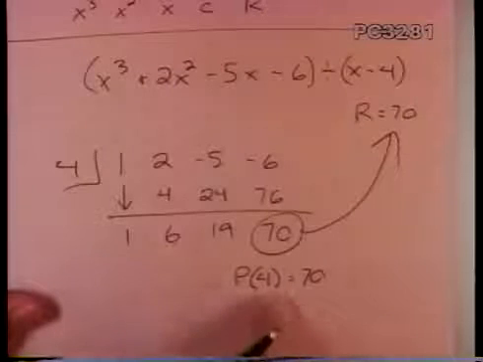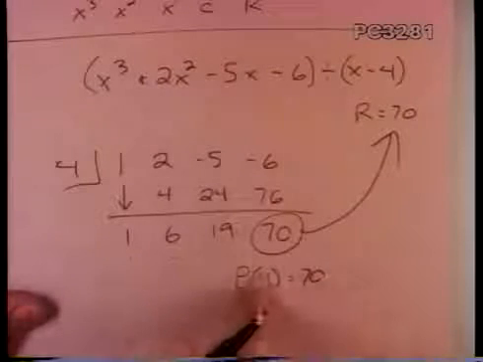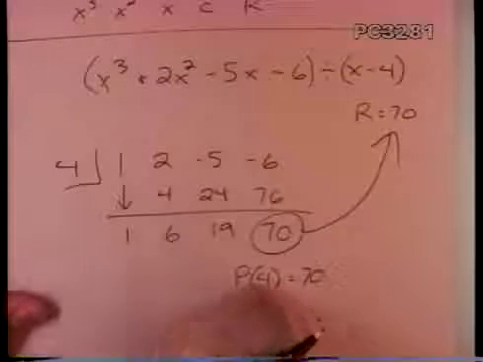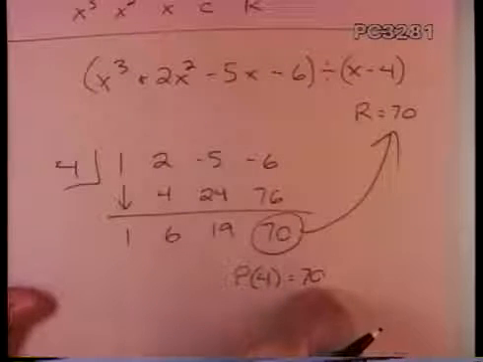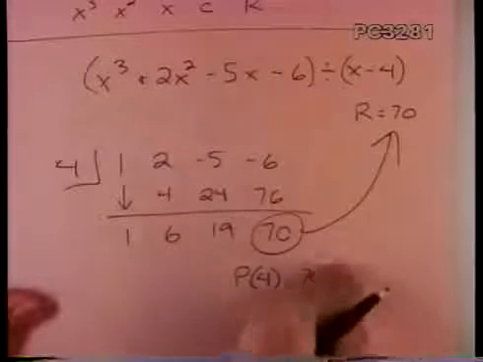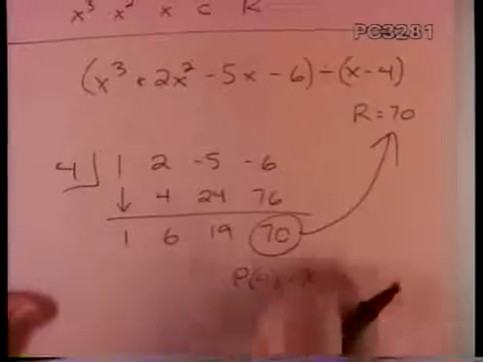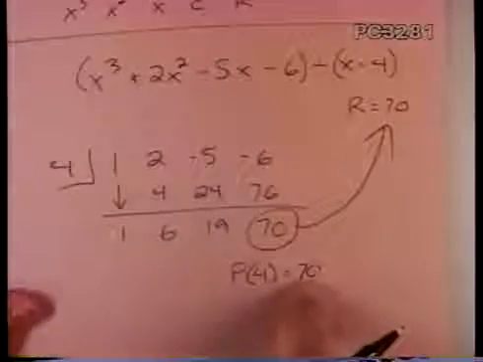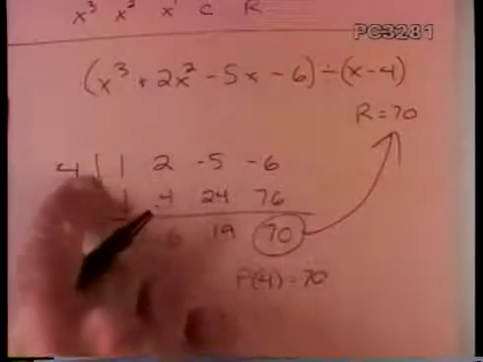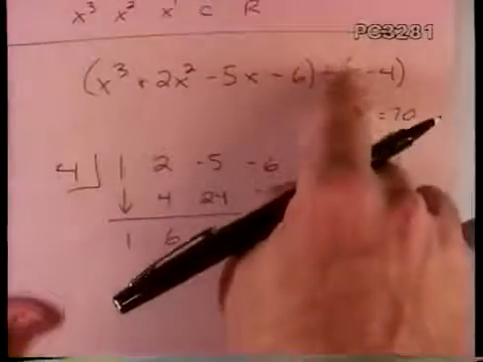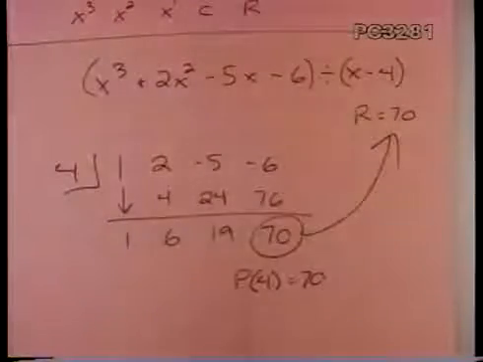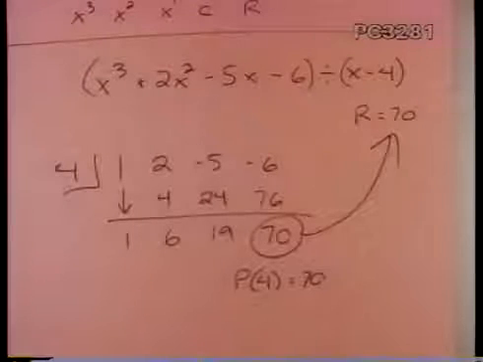So what the remainder theorem tells us, when you substitute a given value into your polynomial, it tells us what the remainder is going to be. And of course, if I had gotten a remainder of 0 for P of 4, that would mean x minus 4 was a factor. Now I didn't get that. I got 70. So that tells me x minus 4 is not a factor. All right.